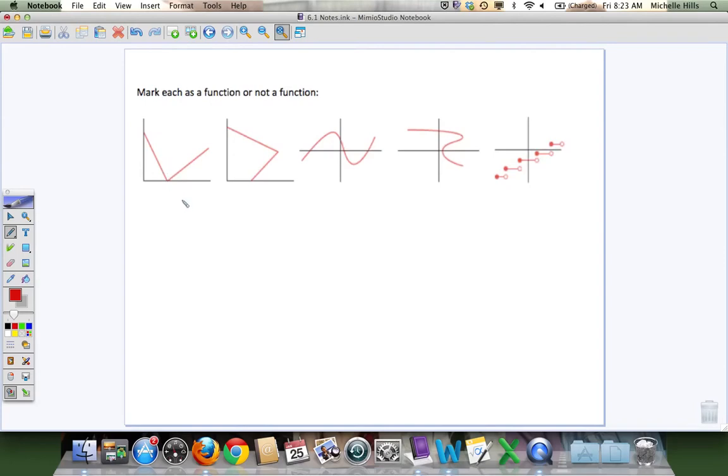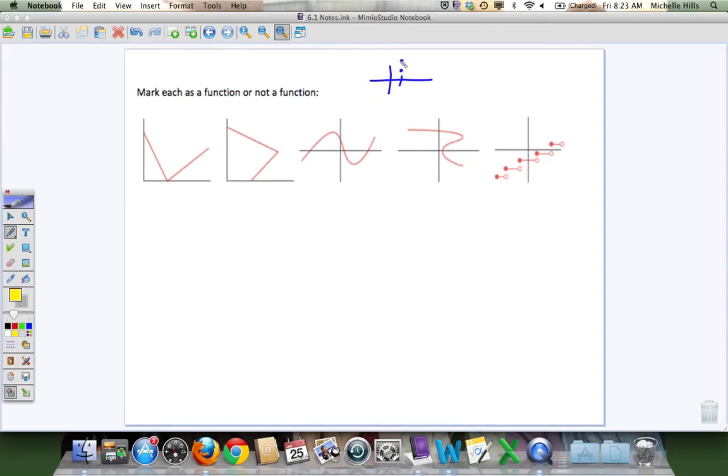Now, when it's a graph like this, there's something called a vertical line test. Because if the input is x, and the same x value has two different outputs, what you're going to find is that at some point I could draw a vertical line, like this is not a function because this x value has two different y values.